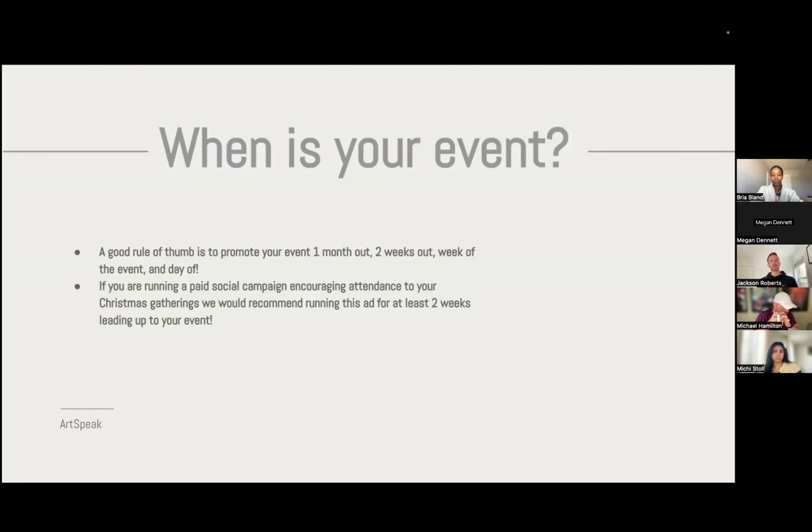If it is a date-based call to action, a good rule of thumb that we talk about at ArtSpeak is having your event promoted one month out, two weeks out, the week of the event, and a day of. The reason that we have a systematized calendar for this is that these are traditionally the most effective times to communicate your event to someone.